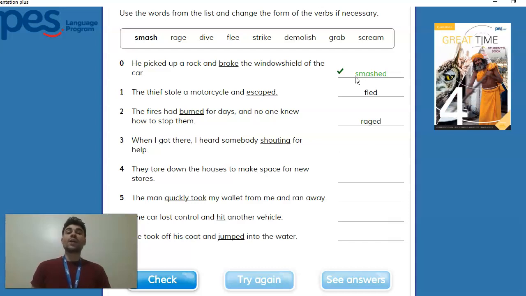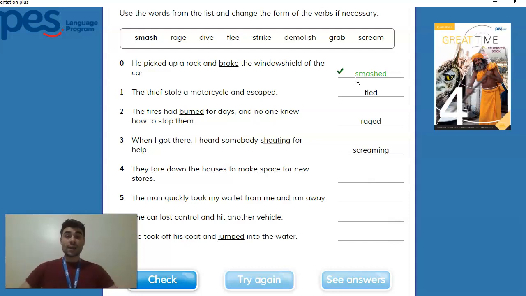3. When I got there, I heard somebody shouting for help. Which is the verb that gives this idea of shouting? To scream. So when I got there, I heard somebody screaming. Then 4. They tore down the houses to make space for new stores. So what did they do?